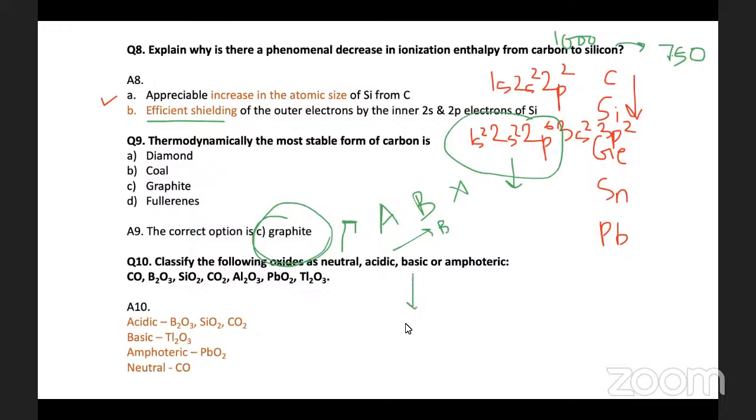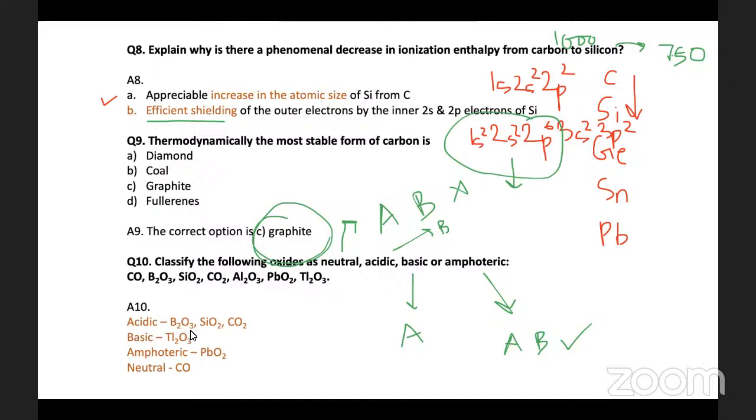Basic means it reacts with acid. And amphoteric means it reacts with both acid and base. So amphoteric oxides are those which react with both acids and bases. Neutral ones react with neither acid nor base. Basic ones react with acid and acidic ones react with base.